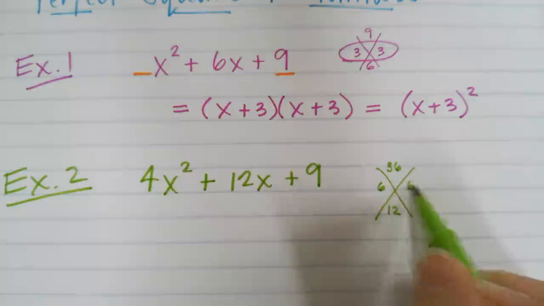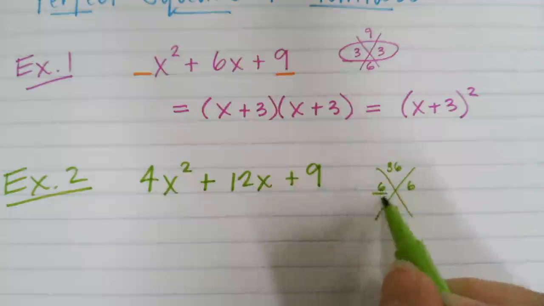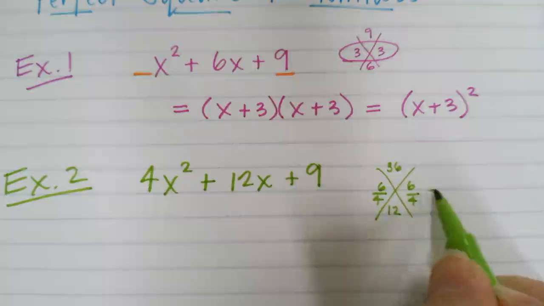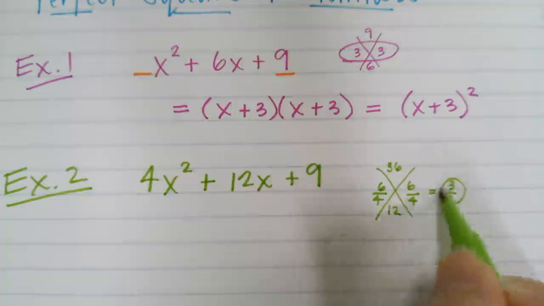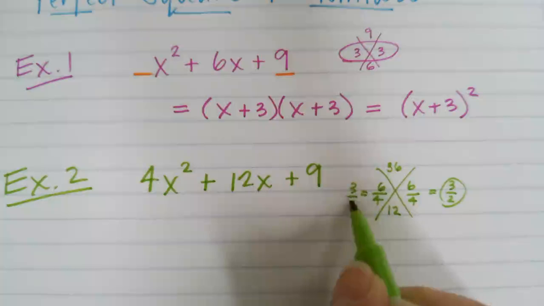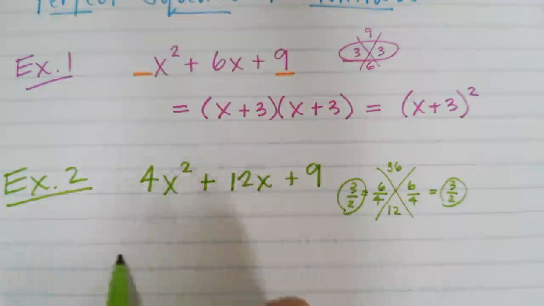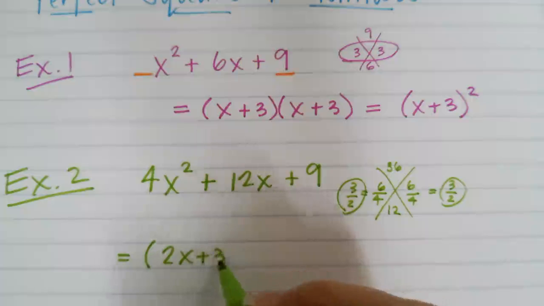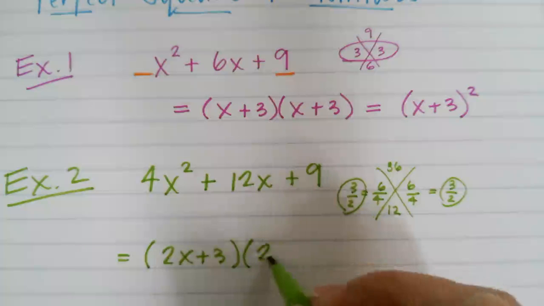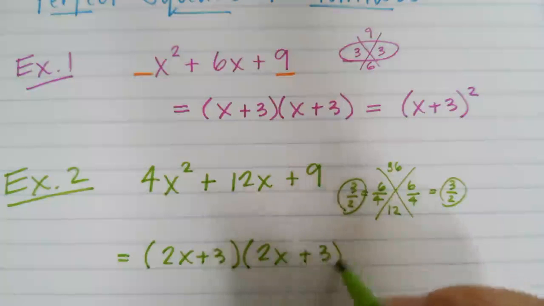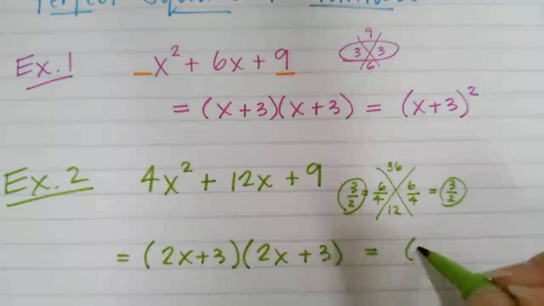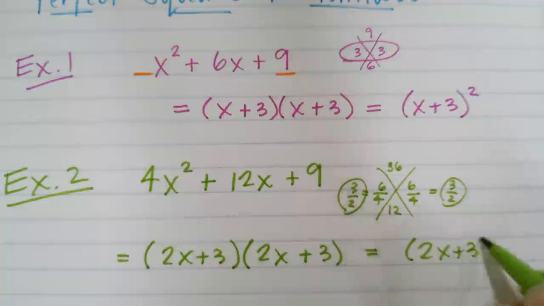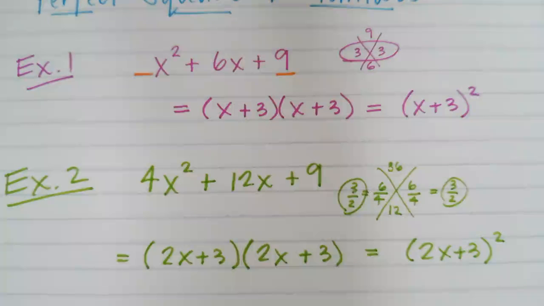So that would be 6 and 6. Divide by 4, so we get 3 halves and 3 halves. So our answer is going to be 2x plus 3 for this one, and 2x plus 3 for that one, which is the same thing, which we could write as 2x plus 3 squared.